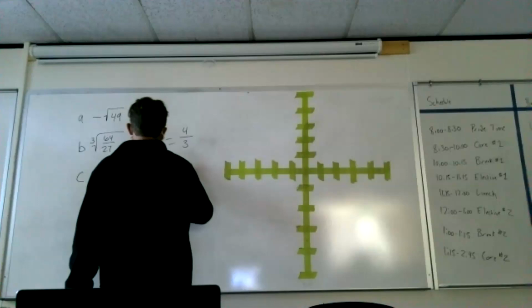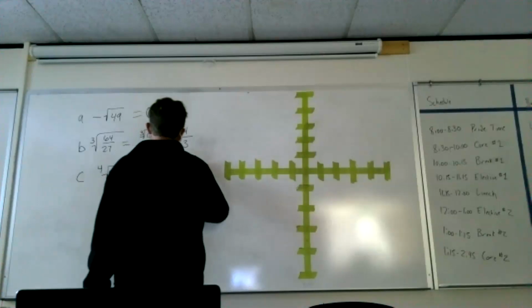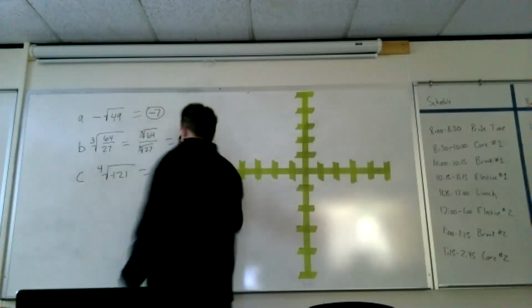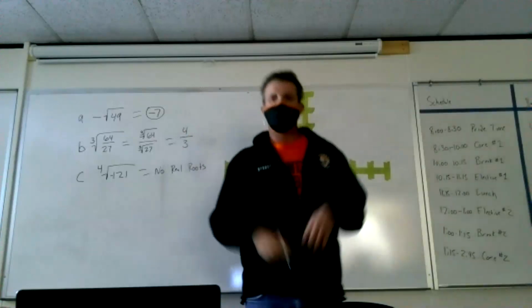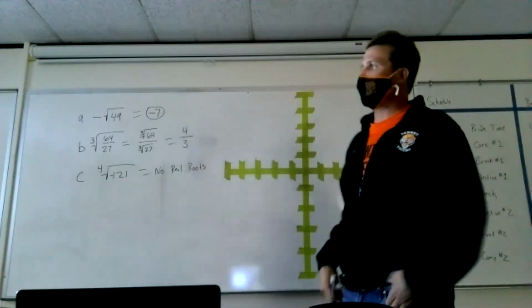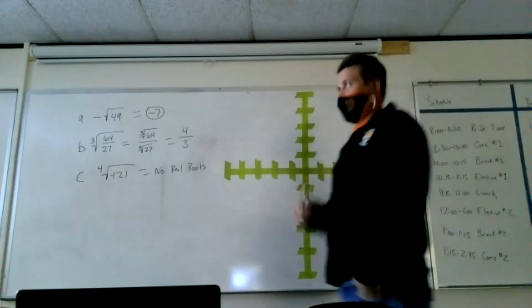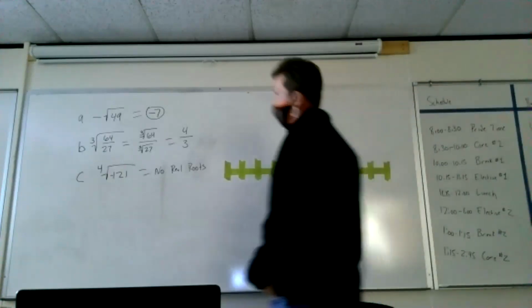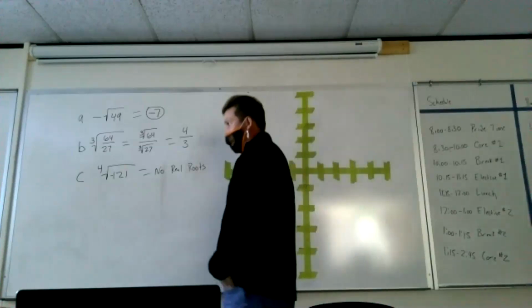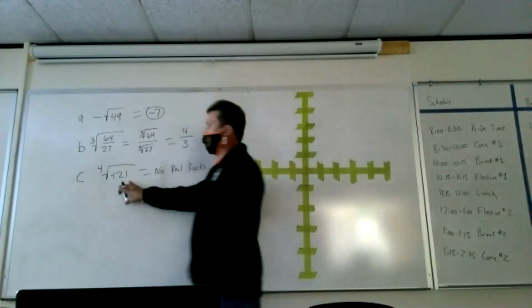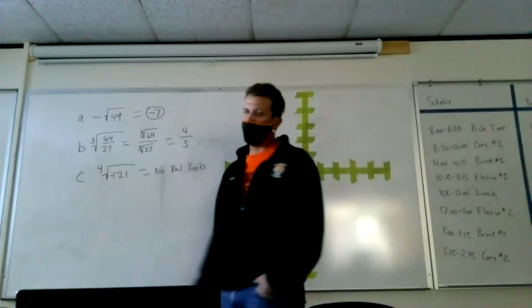That's because we cannot take a number and multiply it against itself an even amount of times and get a negative number. That's because a negative times a negative is a positive. Positive times a negative is negative. It would have to be an odd amount of times in order for us to be able to solve this.